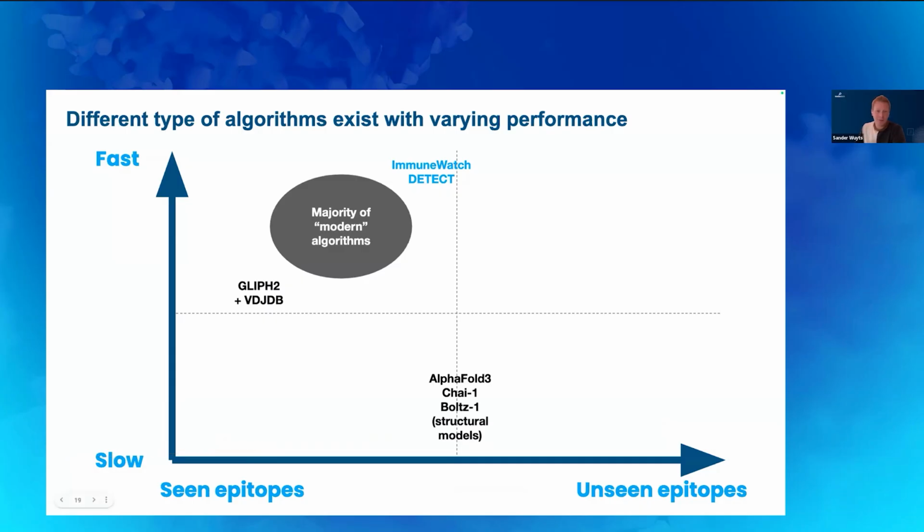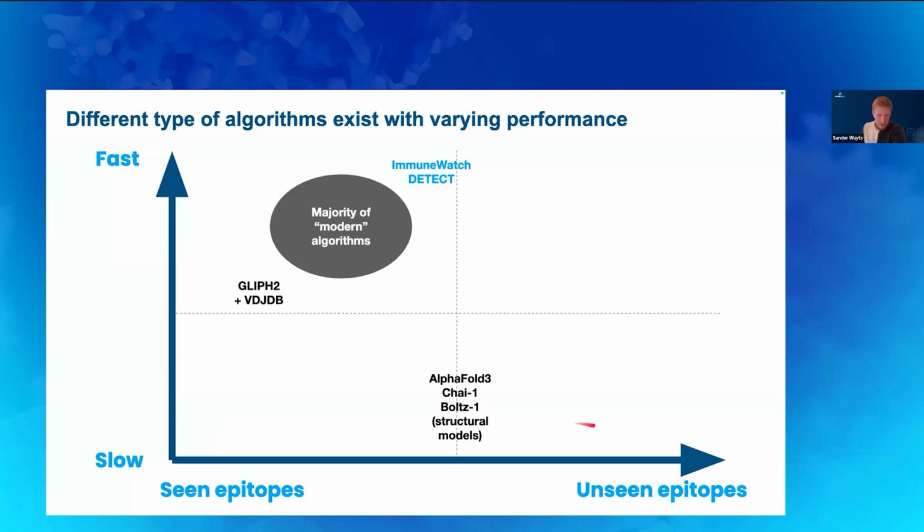Speed should be obvious. Some algorithms, like AlphaFold 3, will take half an hour to run one single TCR on the fastest GPUs available, while a tool like ImmuneWatch DETECT can annotate 100,000 TCRs in just under a minute.